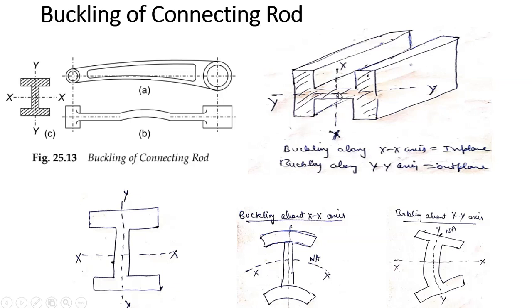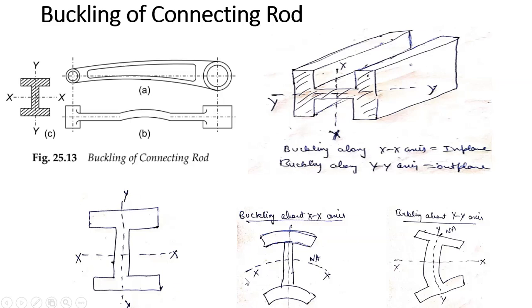If I take one section, let's say this section, and it buckles along the x-axis, that means if I apply the load in both directions along the x-axis, it will buckle like this. Buckling you already know.